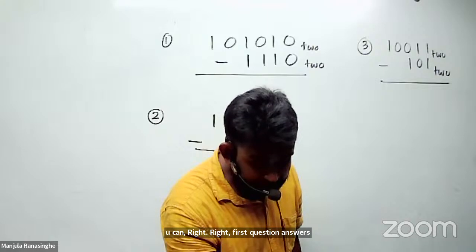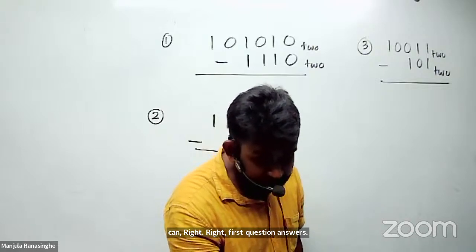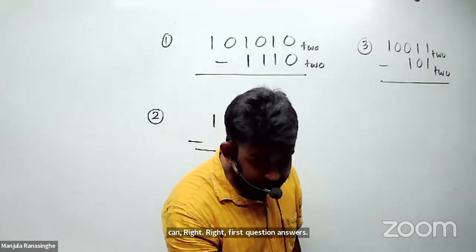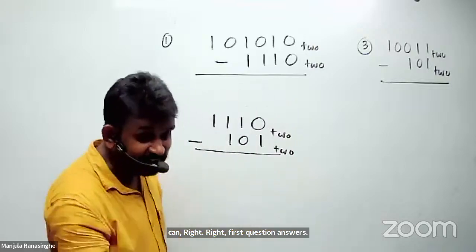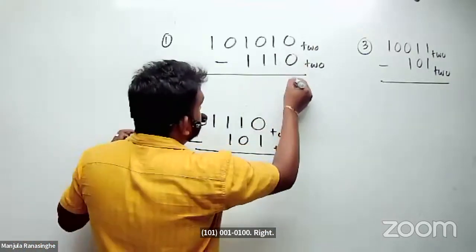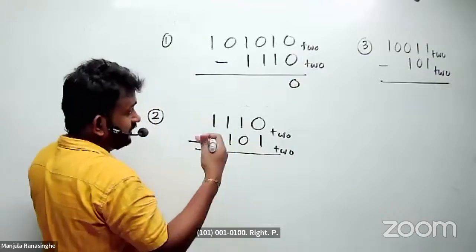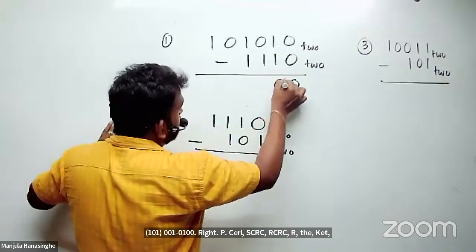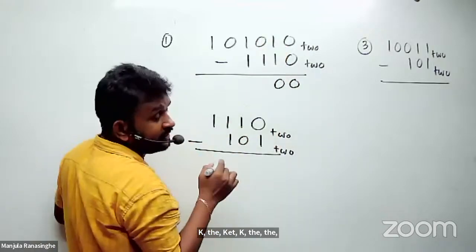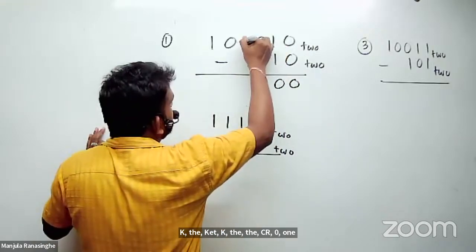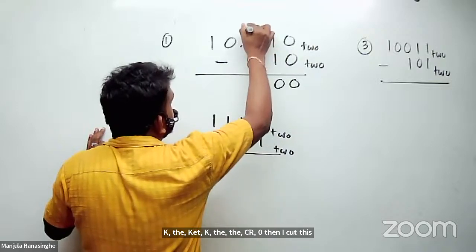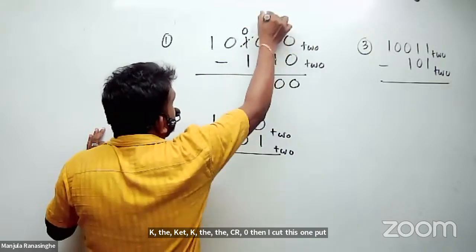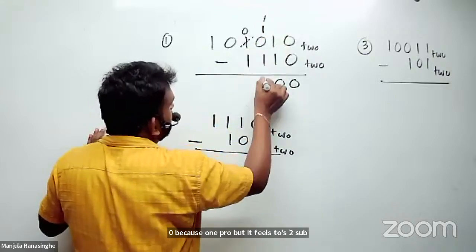1 0 1 0 0 subtract 1 0 1 0 0. Let's see. I'm taking the short method now. 0 subtract 0, 0. 0 subtract 0, 0. 1 subtract 1, 0. Subtract 1 cannot. I bring this one, then I cut this one, put 0 because 1 is brought, but it feels 2. 2 subtract 1, 1.